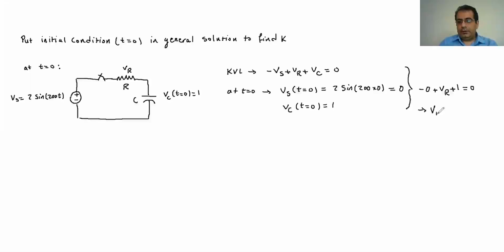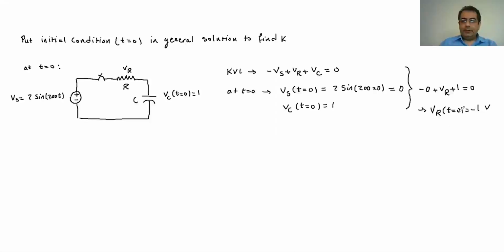Therefore, the VR is going to be negative 1 volt. So this is the VR at T0, it will become negative 1 volt from that equation.